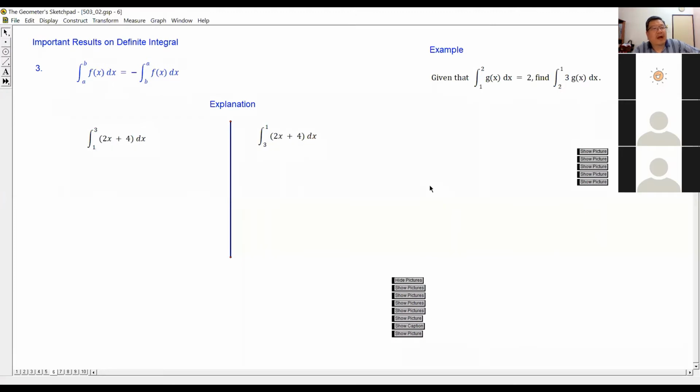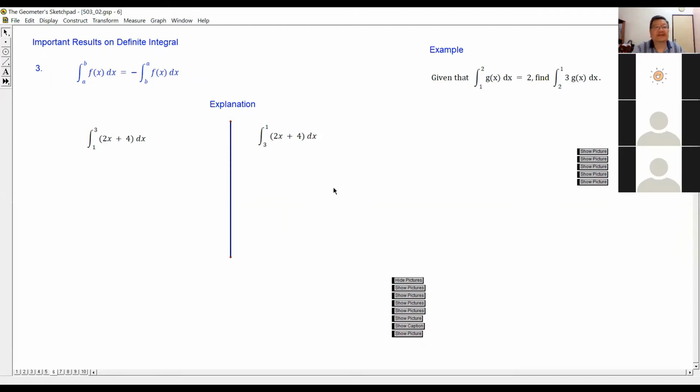So now I'm going to show you two definite integrals. One is integrate from 1 to 3. The other I'm going to integrate from 3 to 1. Both I'm going to integrate the same function. Same function, only the upper and lower limit are reversed.